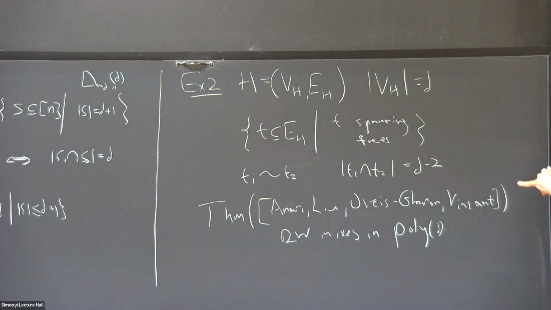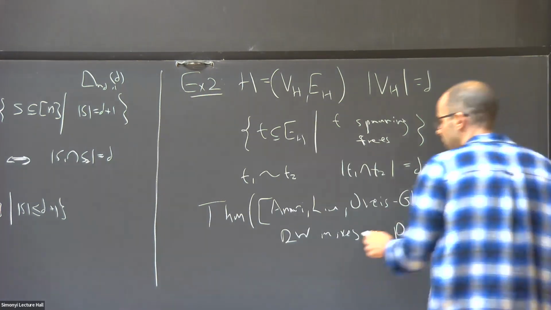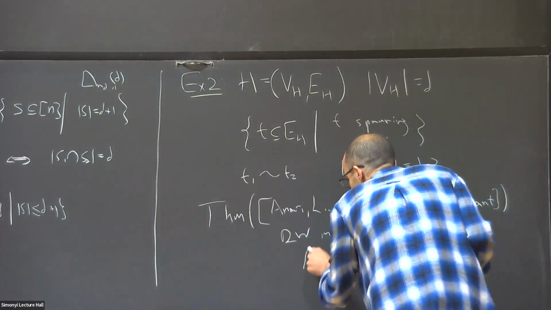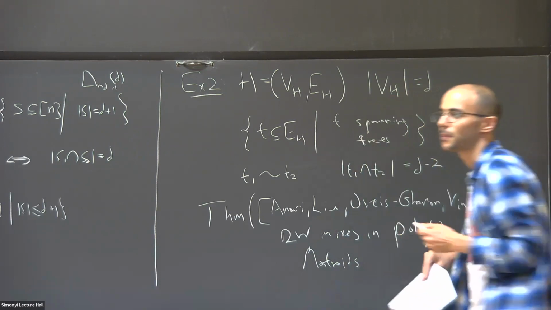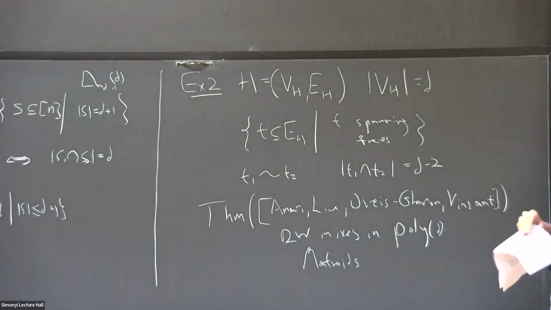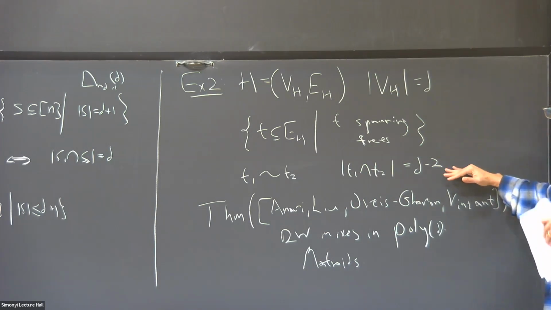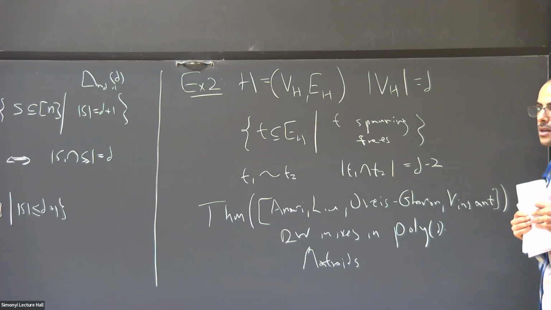So in fact, this is only one example of the power of their theorem. Their theorem generalizes not only to trees, but actually to bases of matroids. I'm not going to define what a matroid is. If you know it, then great. If not, it's something that generalizes independent sets and so on.